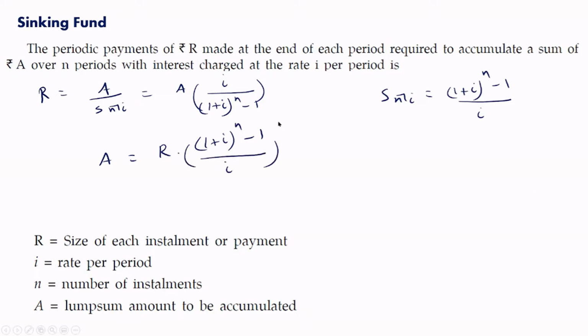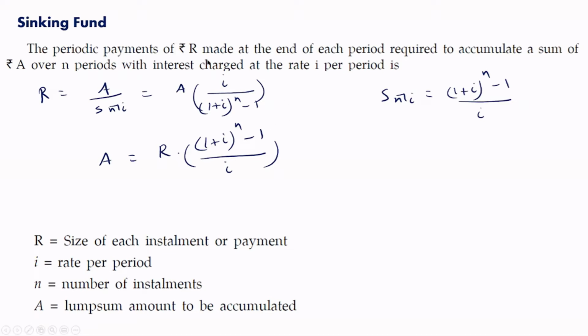So we can use this formula to find R when A, i and n are given. R is the size of each installment or payment, i is the rate per period, n is the number of installments and A is the lump sum amount to be accumulated. If R is given and if we want to find A, then also we can cross multiply and find A.